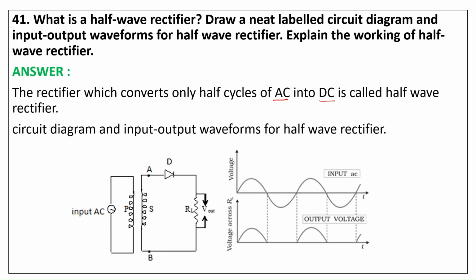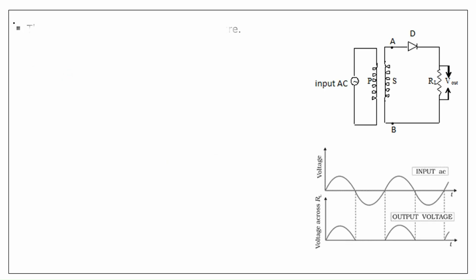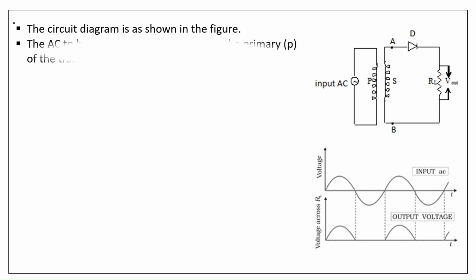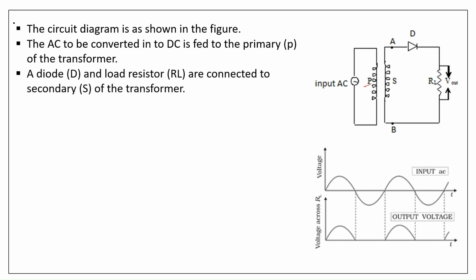Circuit diagram and input-output waveforms for half-wave rectifier. The circuit diagram is as shown in the figure. The AC to be converted into DC is fed to the primary, P, of the transformer. A diode, D, and load resistor, RL, are connected to the secondary, S, of the transformer.